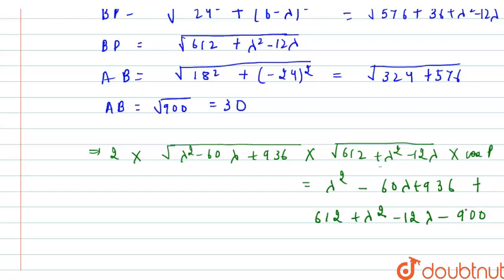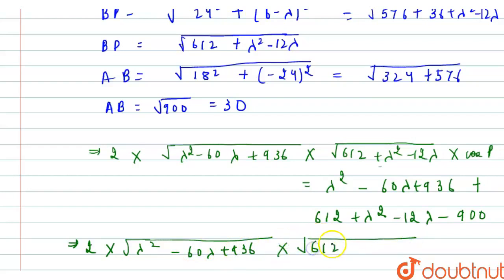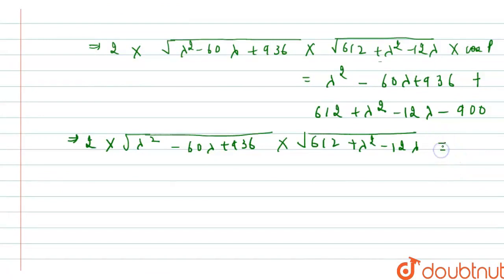So let's solve it further. It would be 2 into under the root of lambda square minus 60 lambda plus 936 into under the root of 612 plus lambda square minus 12 lambda, which is equal to, now solving the right-hand side, 2 times lambda square minus 72 lambda plus 648.